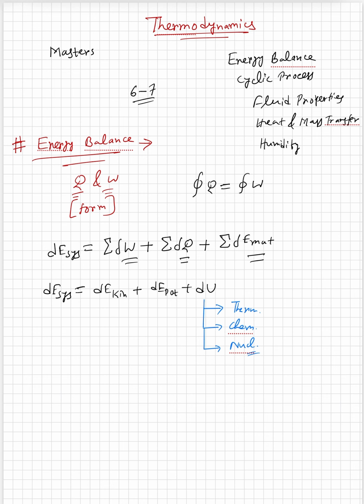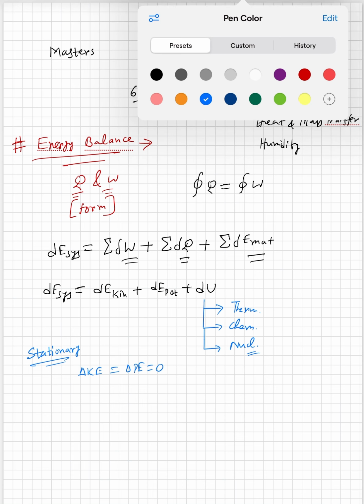Now, you will encounter some questions on steady state or stationary systems. Stationary systems are systems that do not vary with time. For the stationary system, the kinetic and potential energies are both zero. You have to remember that.